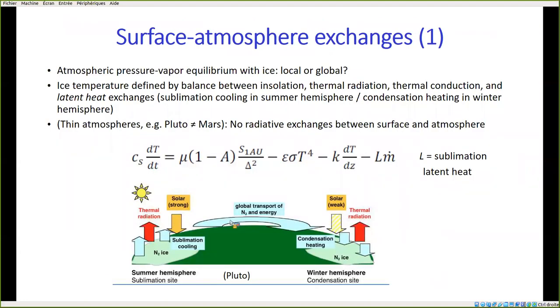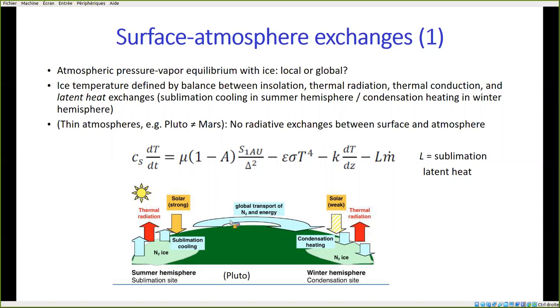So as we have seen, such atmospheres are in vapor pressure equilibrium with the surface, but an important question is whether this equilibrium is local or global. And what is the role of the atmosphere on the energy budget of the surface?